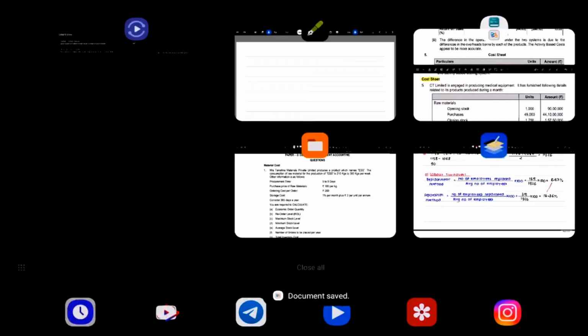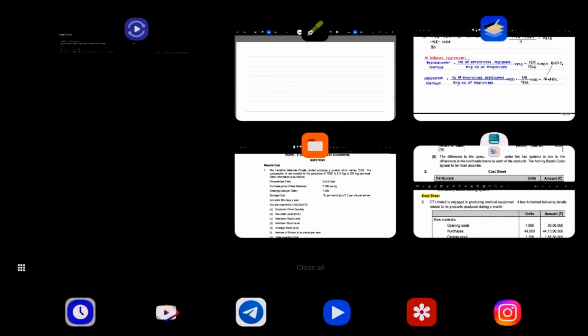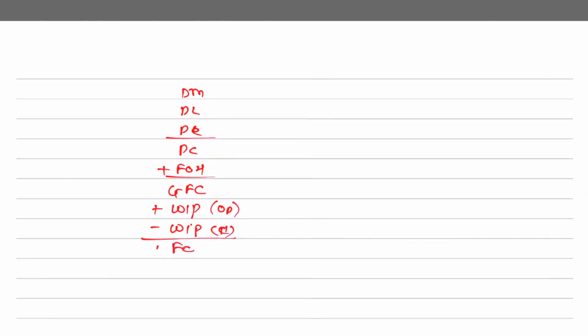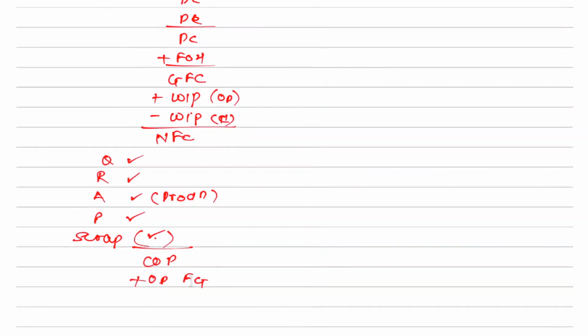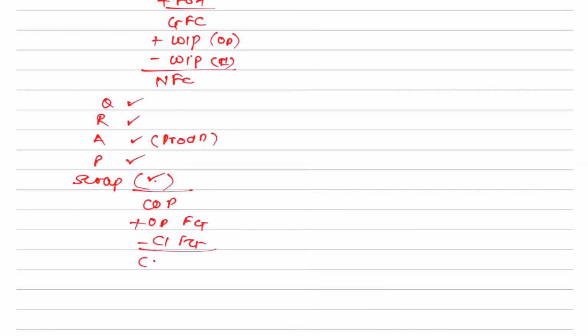Now, let me give a small recap. Direct material, direct labor, direct expenses, you get prime cost. You add factory overhead, so you get gross factory cost. It is gross because WIP is also there in the factory. Add opening stock of WIP less closing stock of WIP, and you will get net factory cost. Outside the factory, there is quality control, research and development, administration connected with production, primary packing, and then minus scrap if it is there. You will get cost of production. Add opening stock of finished goods, less closing stock of finished goods, you get COGS.